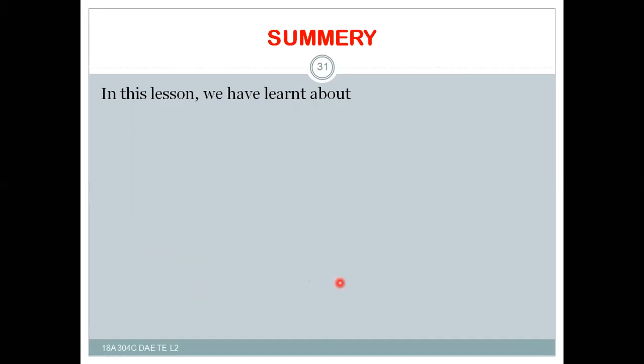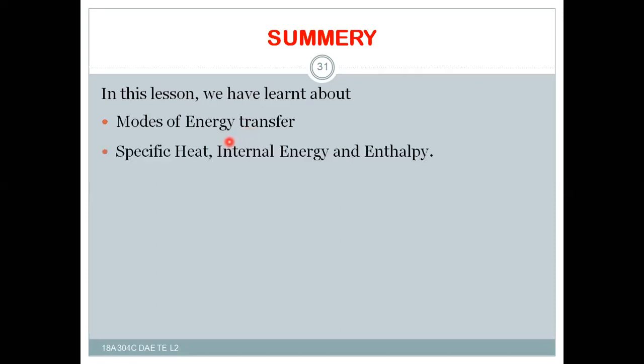Right, let us have the summary of this lesson. In this lesson, we learnt about modes of energy transfer. There are two modes: work transfer and heat transfer. We also defined specific heat and discussed the differences between work and heat.